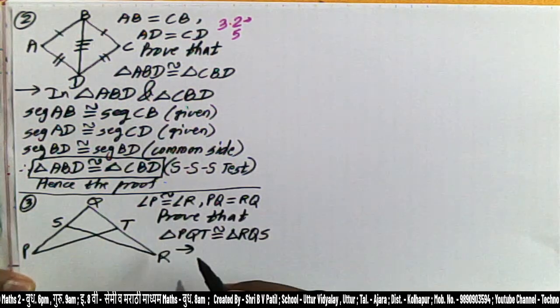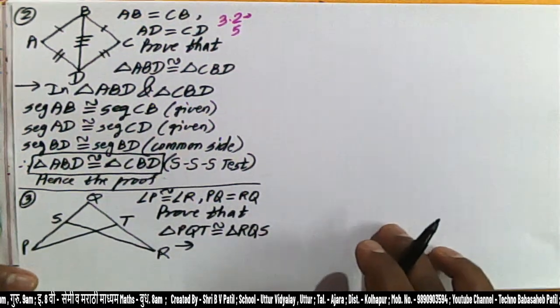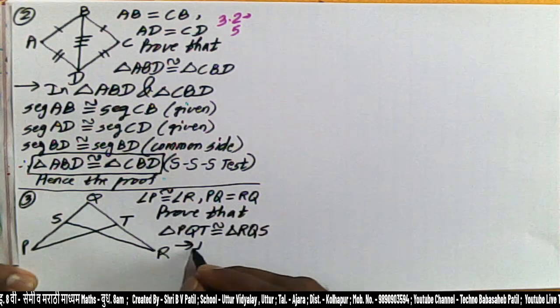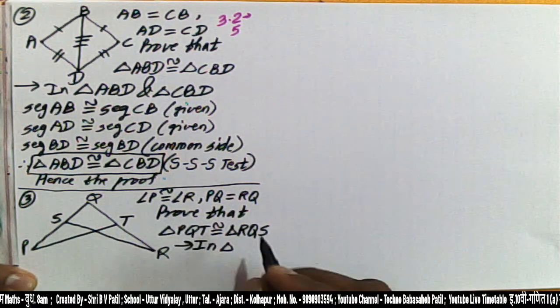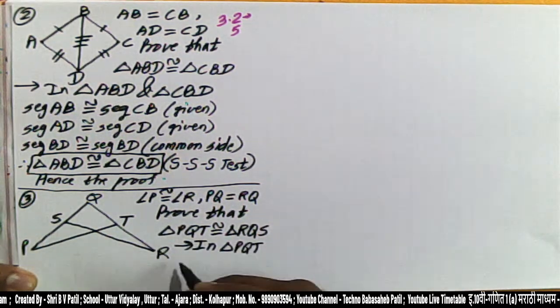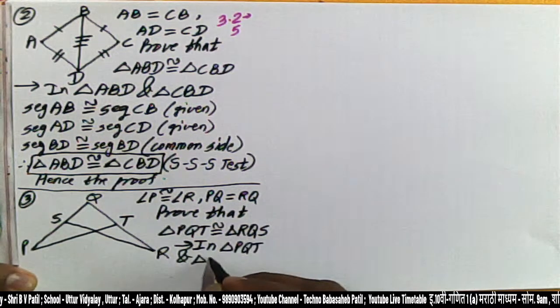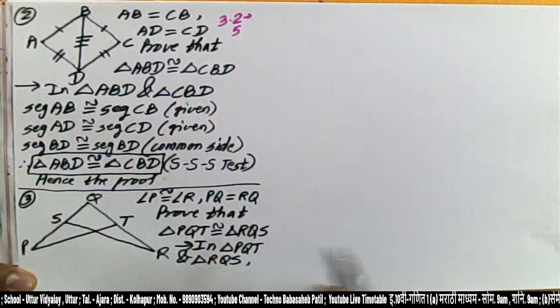In the solution, we write the name of the triangles: triangle PQT is given, and another triangle is RQS.